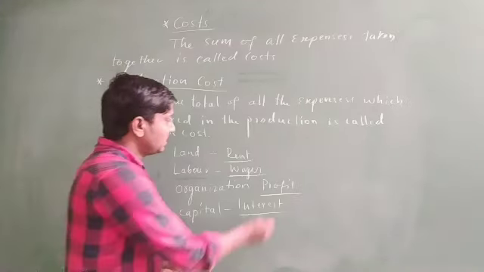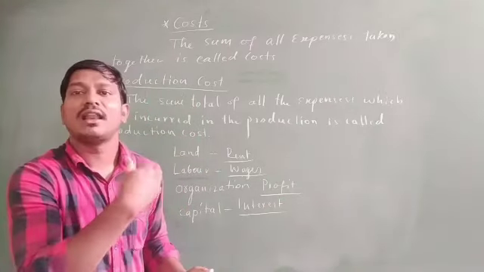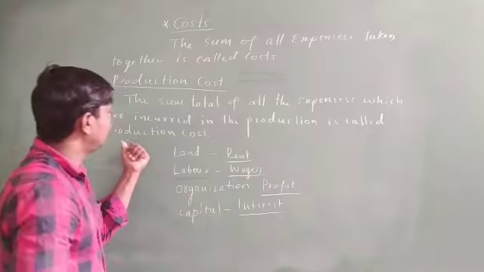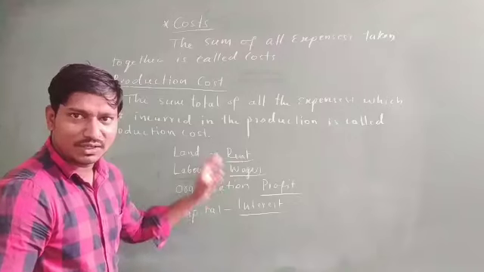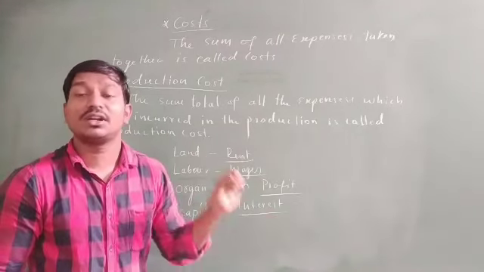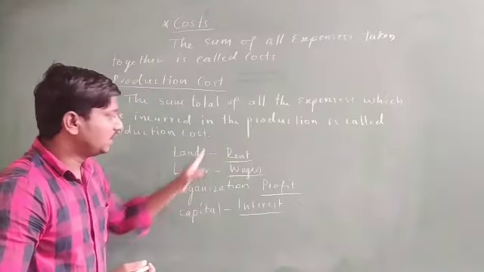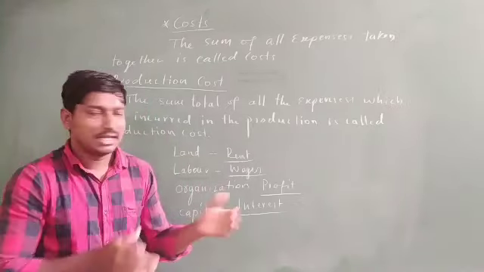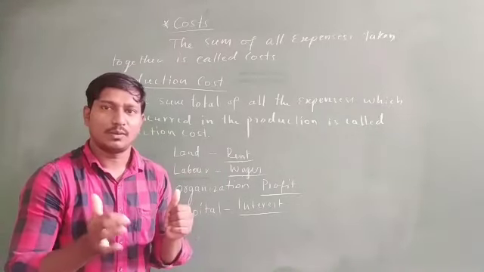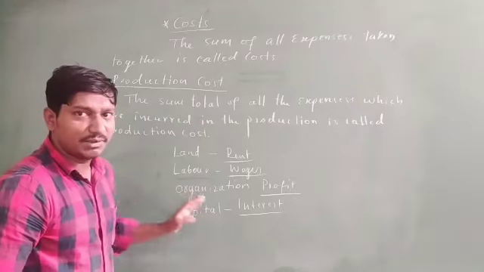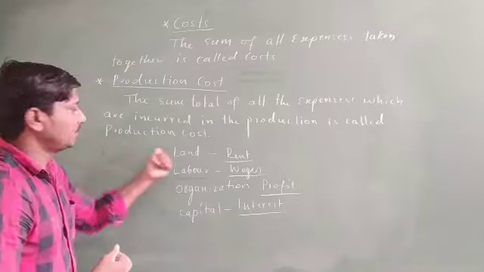So the sum total of all these together, along with some other expenses, is what we call production cost. Whatever payments the manufacturer or producer incurs in production, all together we club and derive production cost. Hope that is clear? As I mentioned, not only these, we can also incur other costs in our production process.